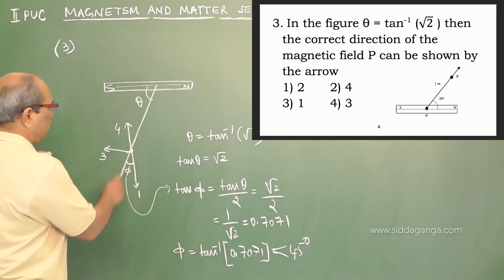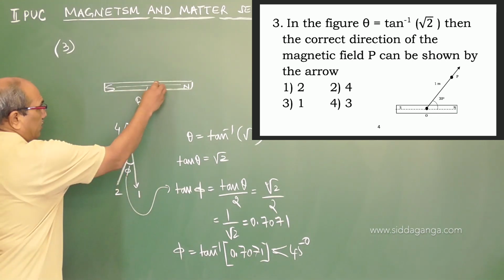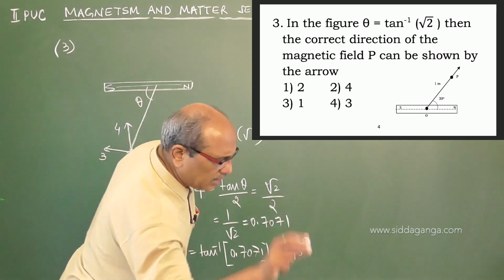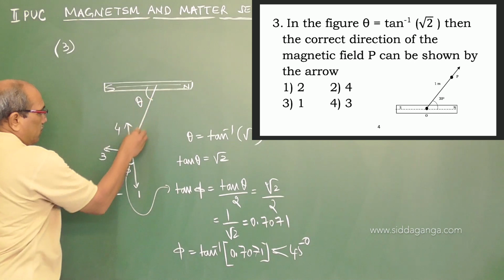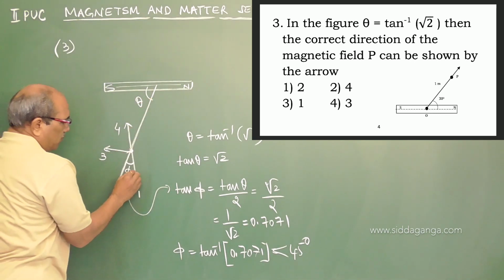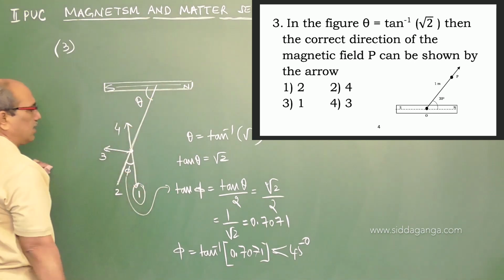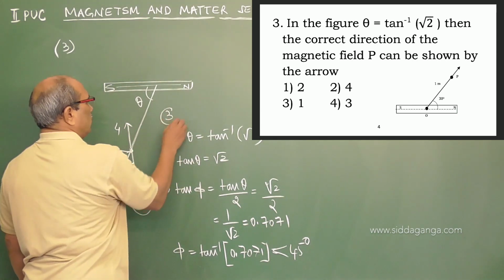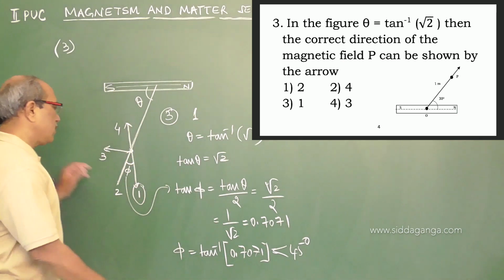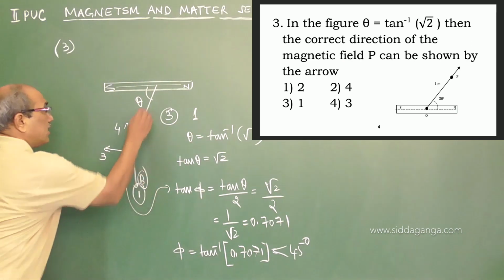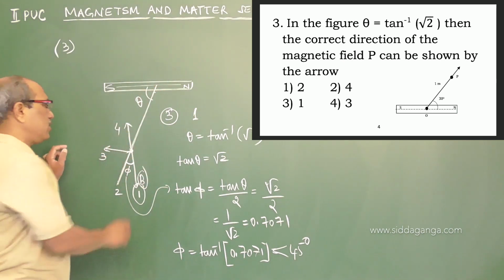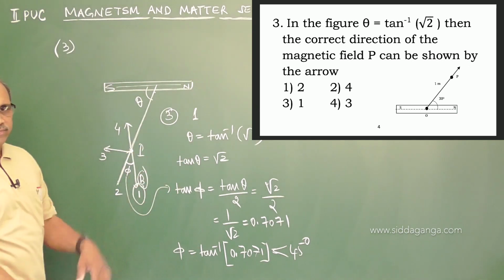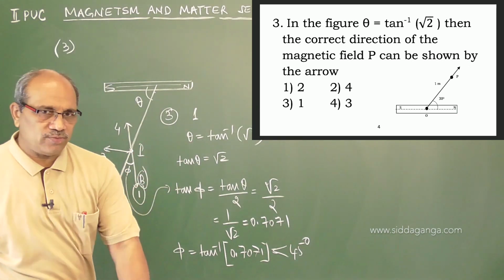With this, if you imagine this line, the angle 45 is corresponding to 1 is right. Therefore, out of the options, the third one, which suggests answer 1, is the direction of the magnetic field at this point P. Coming to the next one.